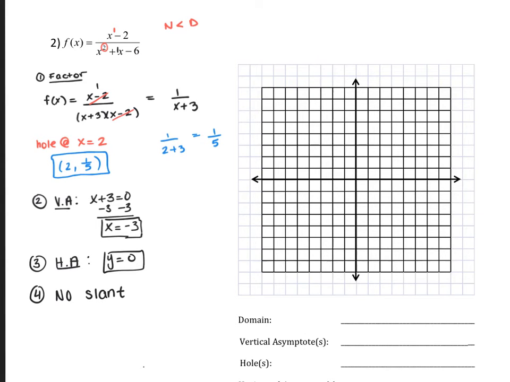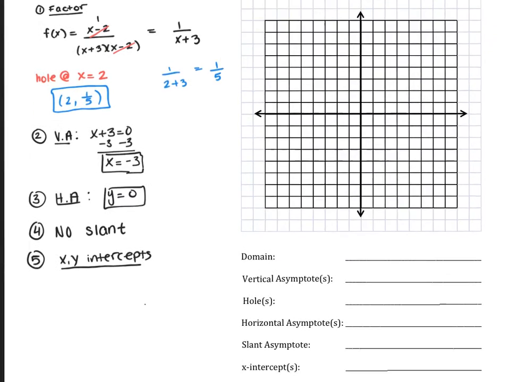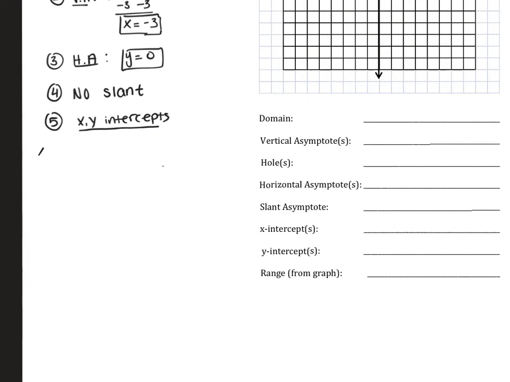The last pieces that we'll need to graph this are the x and y intercepts. So step 5 will say our x and y intercepts. Remember, to find an x-intercept, we are going to set y equal to 0.